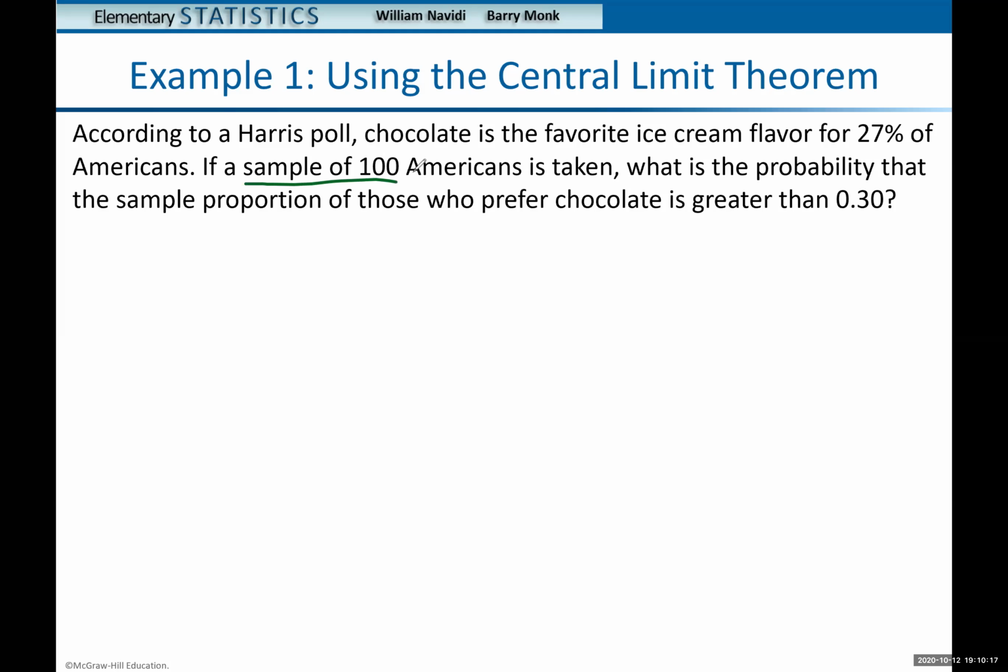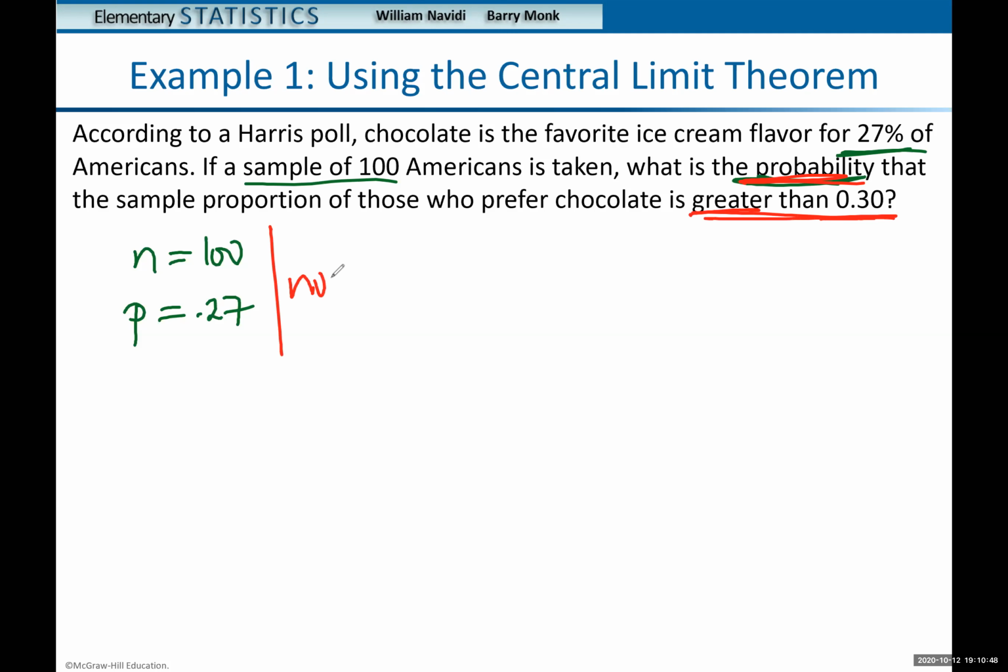So the sample is 100, and 27% of Americans is your population proportion, P. You want to get the probability, meaning that's normal CDF, greater than 0.30.